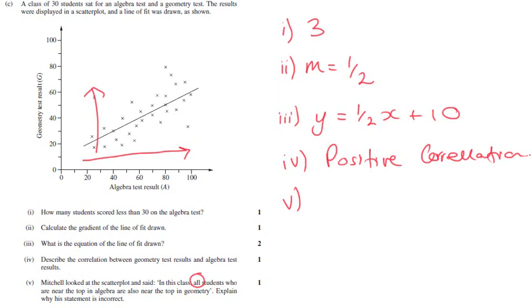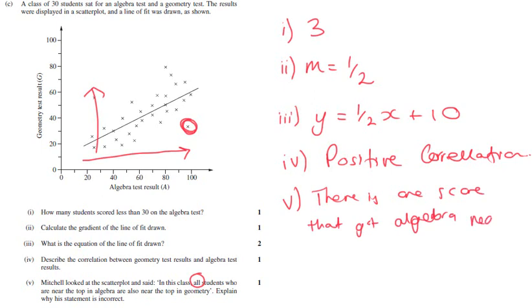So let's have a look at the top of algebra. We've got all these people here at the top of algebra. They're all very close to getting 100. But you'll also notice that this little man out here, he's not very high up on the geometry scale of things. So what we could say is that there is one score that got algebra near 100, but only, let's say, about 30 in geometry.